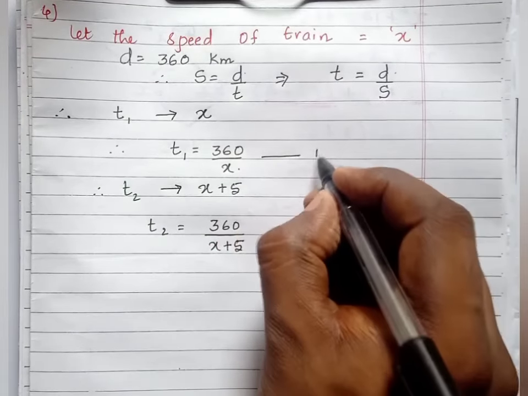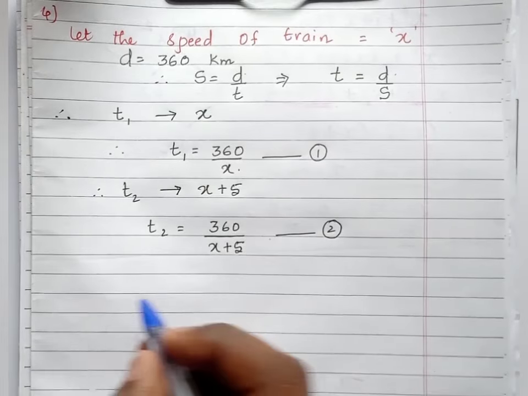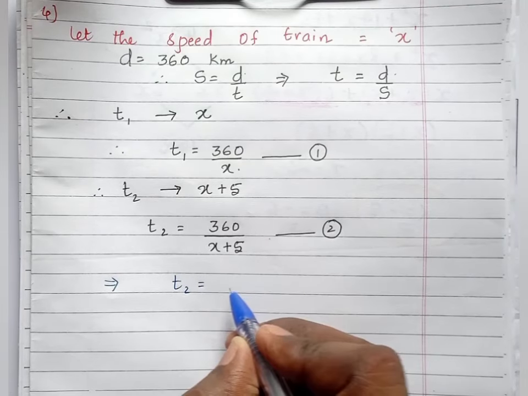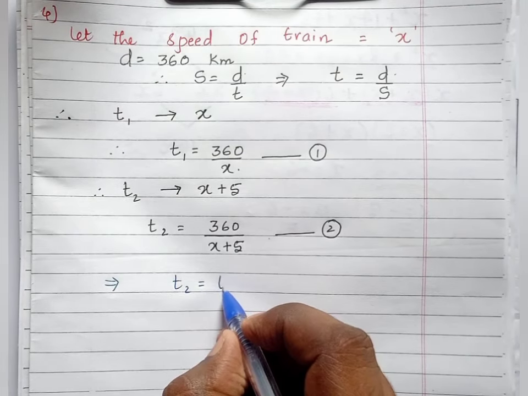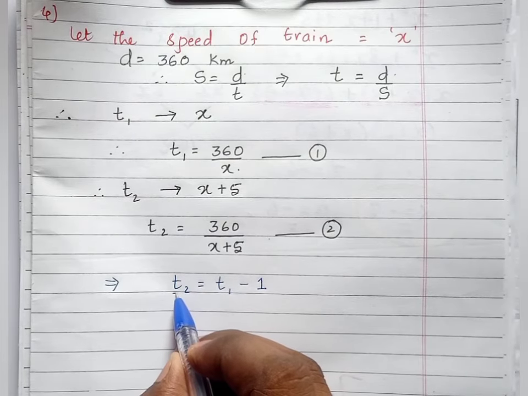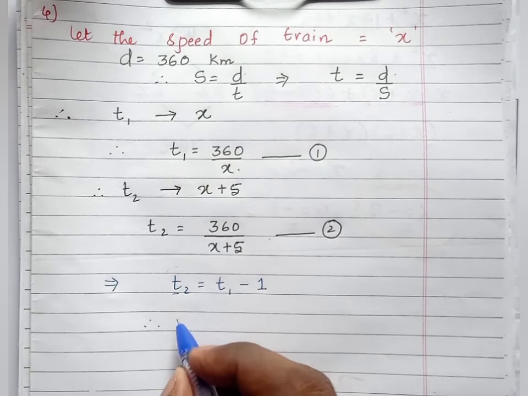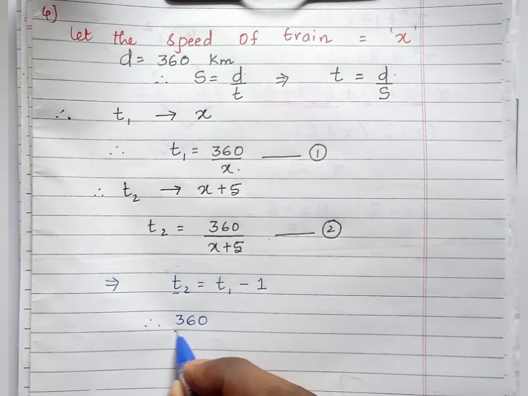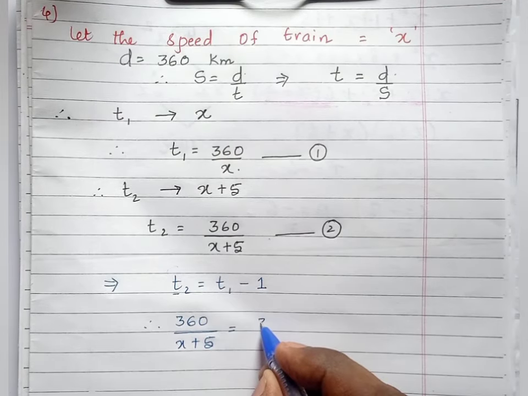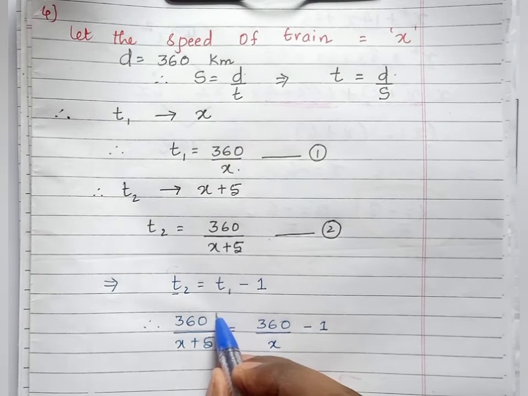Now the given condition is if the speed has been increased by 5 kilometers, the time taken will be 1 hour less. Therefore t2 equals t1 minus 1, that is the time taken if the speed has increased is the normal time minus 1. What is t2? 360 divided by x plus 5. t1 equals 360 divided by x, minus 1.